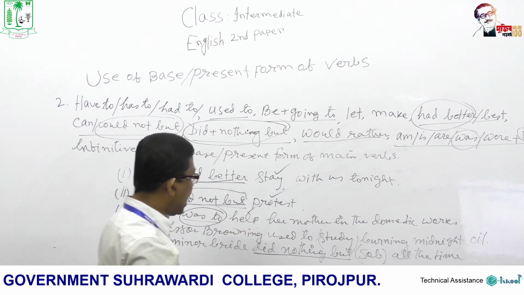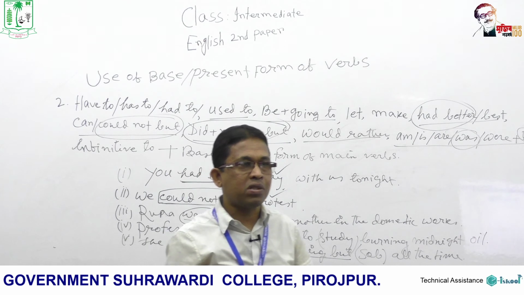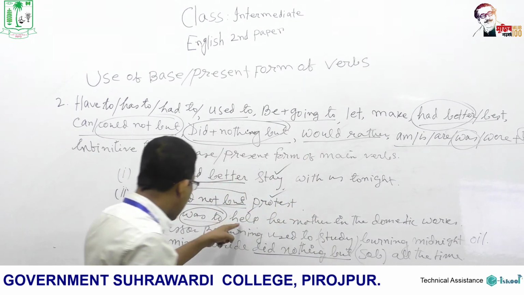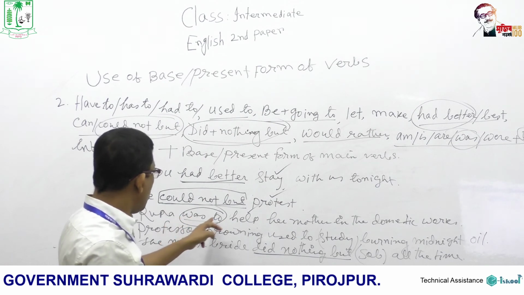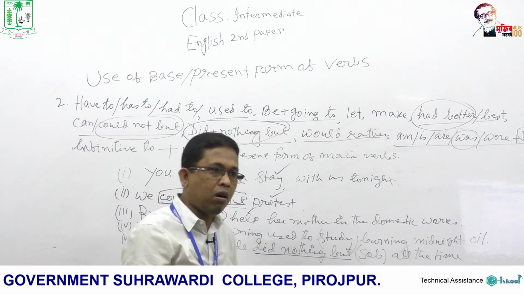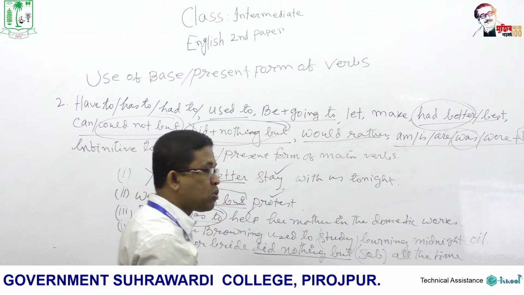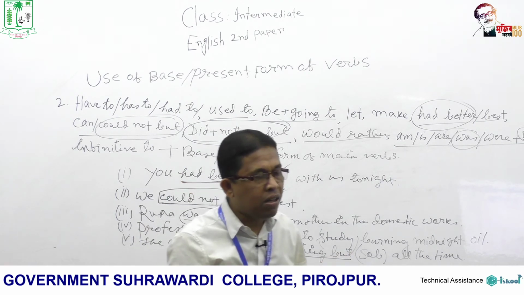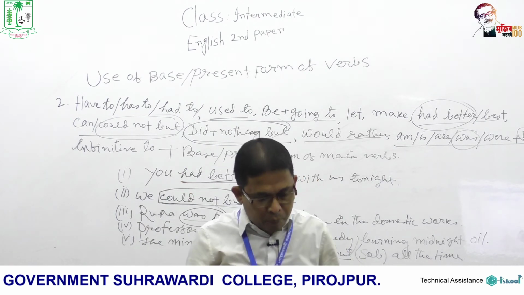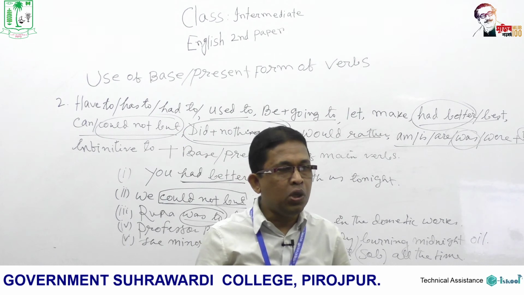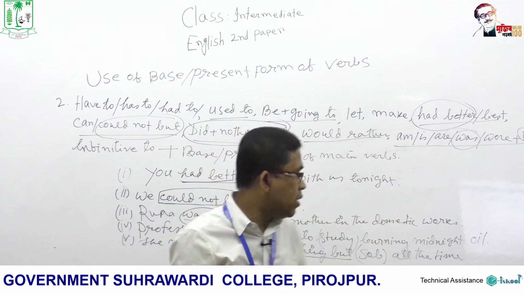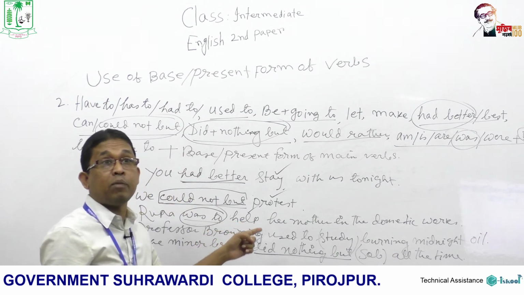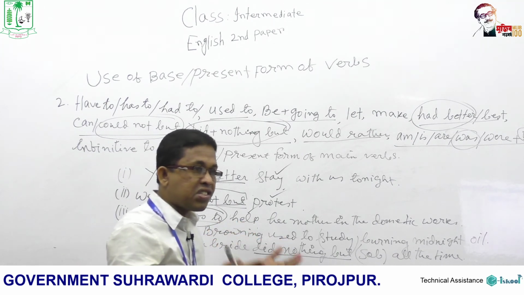If you use the present participle, Rupa was to helping, this is wrong. If you use Rupa was to helped, then this is wrong. After was to, am to, are to, is to, you are to use the base form or the present form of main verbs. So Rupa was to help her mother in domestic works, this is correct.